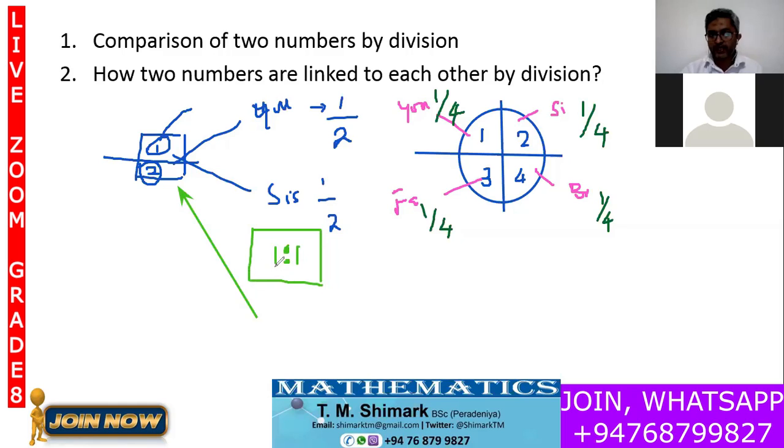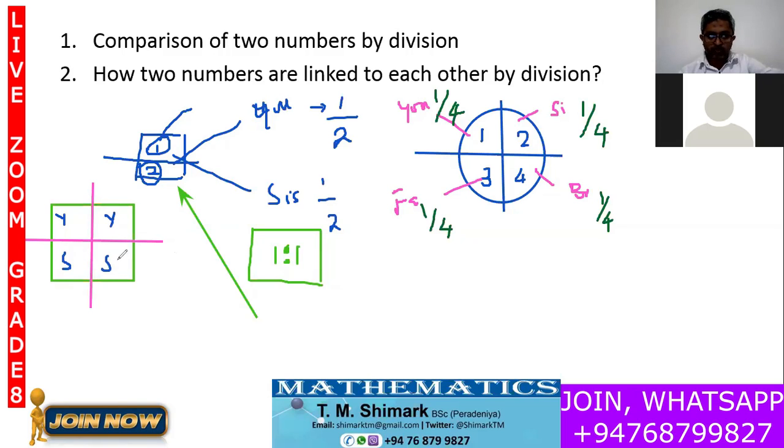I can say this as well: if I'm dividing this same sandwich into four parts like this, two parts for you and two parts for your sister after dividing into four. So we can say this as 2:2 also, correct?